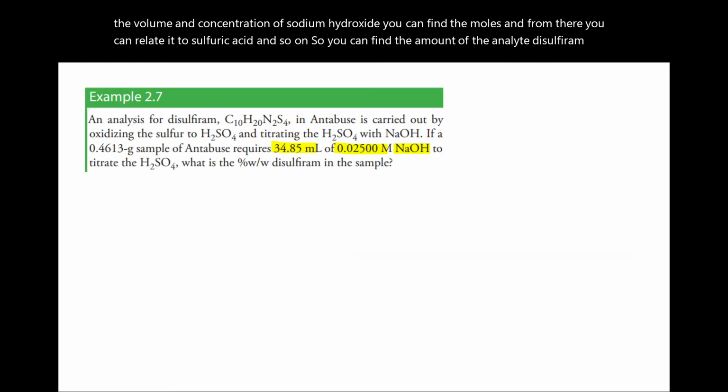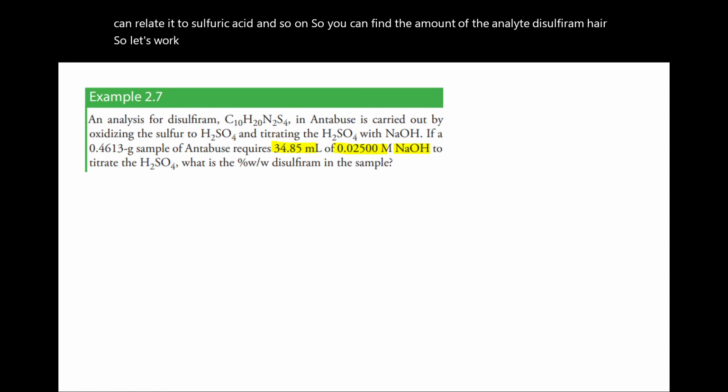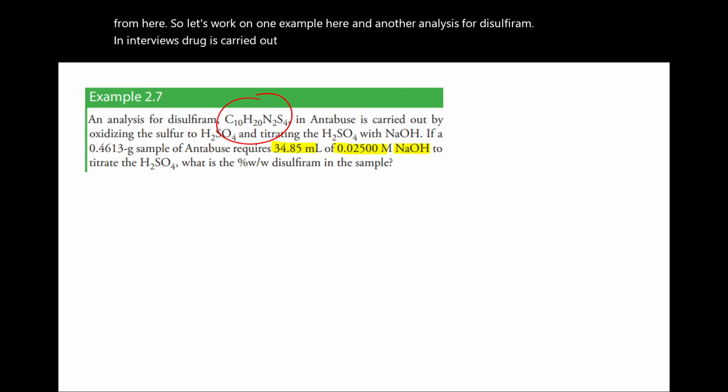So let's work on one example here. An analysis for the disulfiram in Antabuse drug is carried out by oxidizing the sulfur to sulfuric acid and titrating the sulfuric acid with sodium hydroxide.